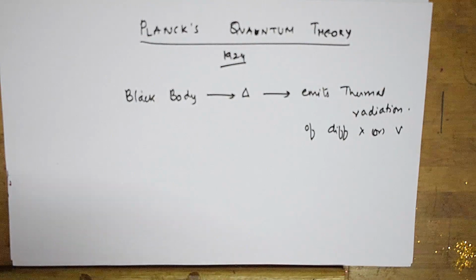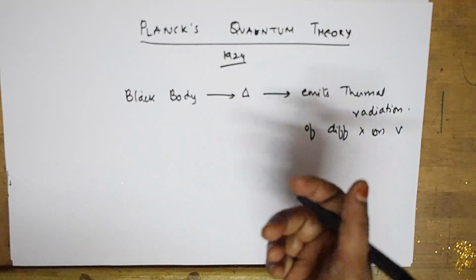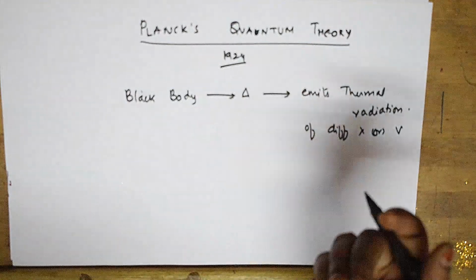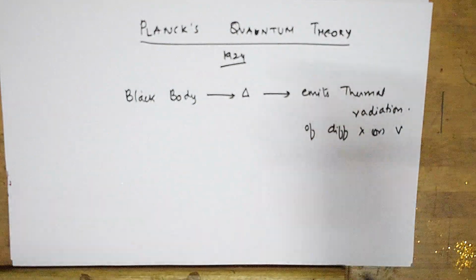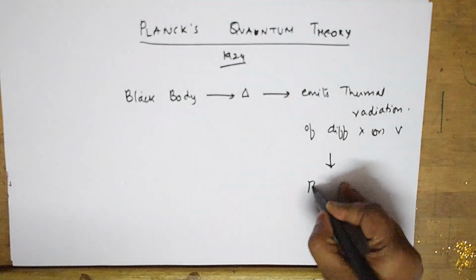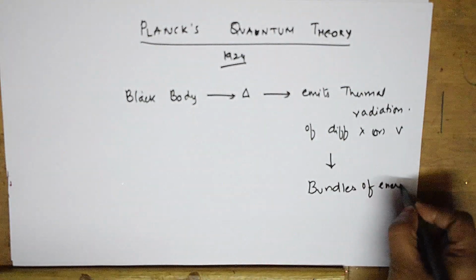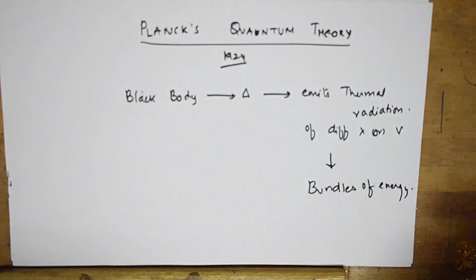Now, he said it's a perfect radiator and a perfect absorber. Now, this energy is discontinuous, in small packets of energy. It's going to emit this radiation in bundles of energy, or small packets of energy.